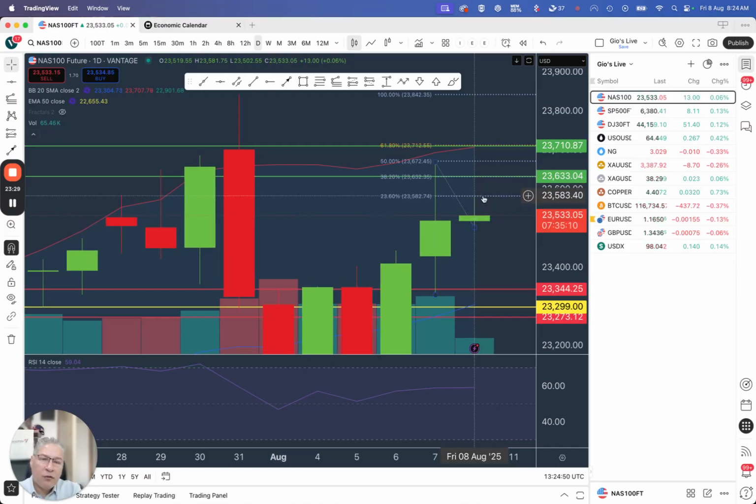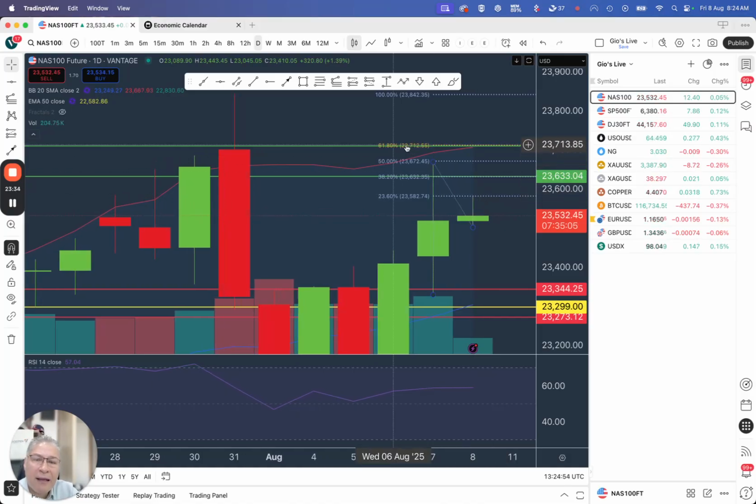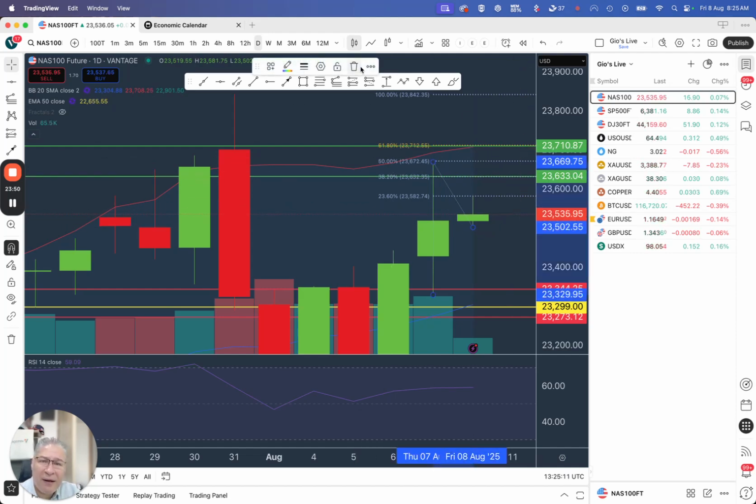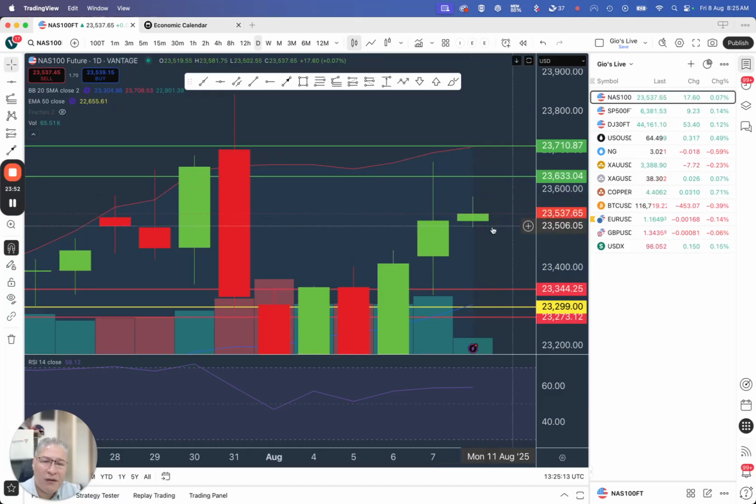It's done some movement to the upside prior in the London session, but not that much. Then the overall target will be the golden ratio, the 61.8%, which sits at around 23,712. I have my resistance levels at 23,710. So that's how I identify my levels of resistance.